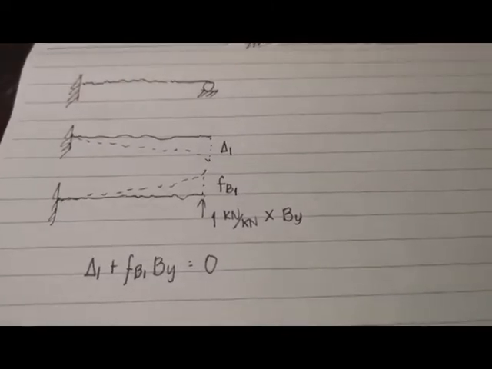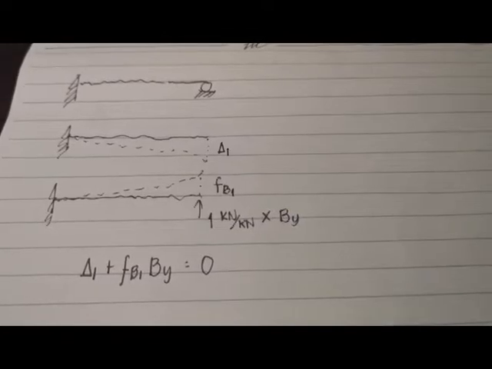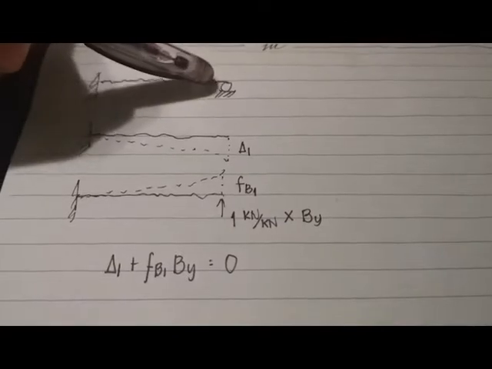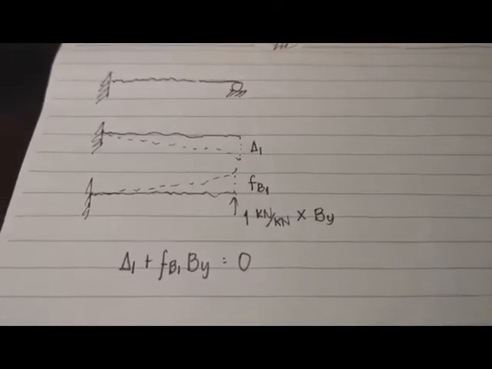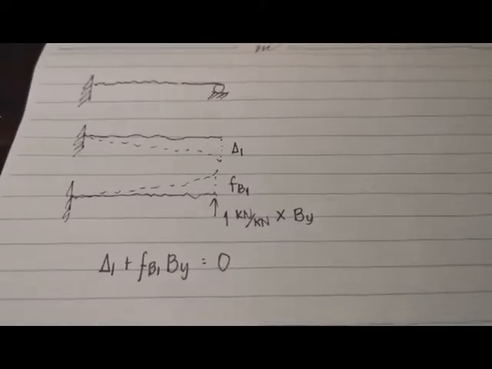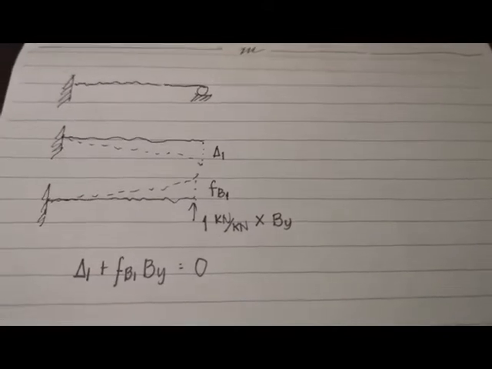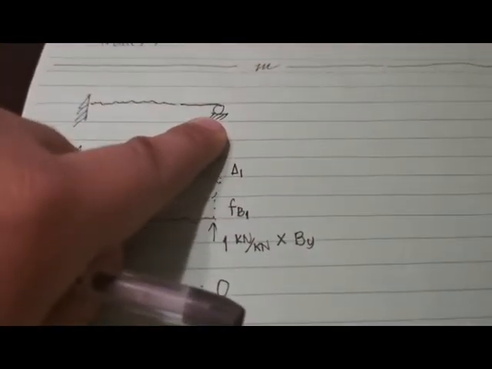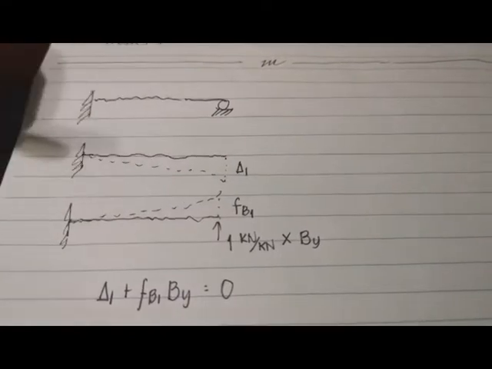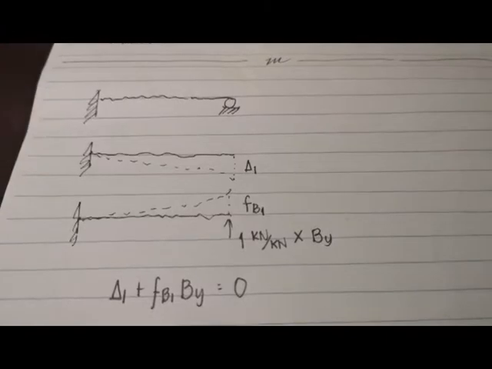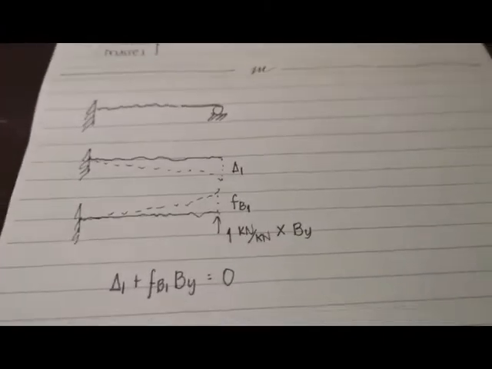Because of this, we are going to consider one redundant to build our primary beam. So we can either remove the simple support on the right, in order to make it a fixed beam, or just remove the moment on the left to turn it into a simply supported beam.